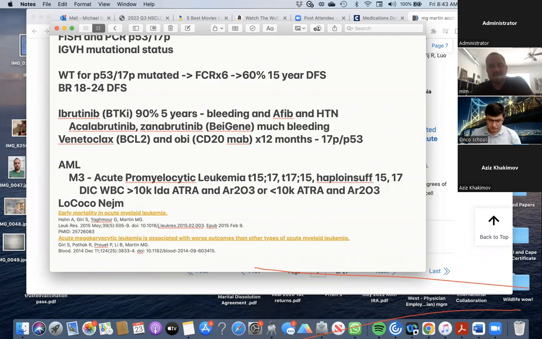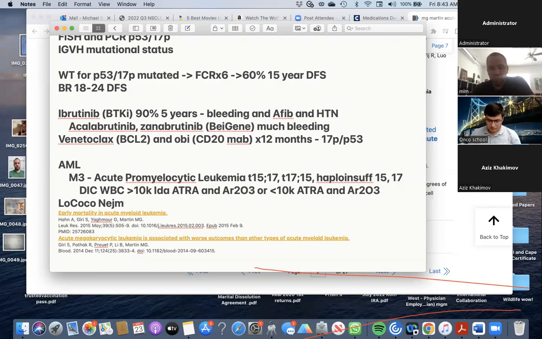In fact, there has never been a case described of APL that did not go into remission when it was appropriately dosed with arsenic and ATRA. It literally is 100% of people will go into remission. They are then consolidated with four cycles of outpatient arsenic and ATRA afterwards. Doing that, relapses of APL are almost completely unheard of.